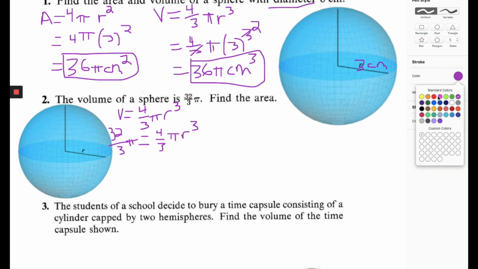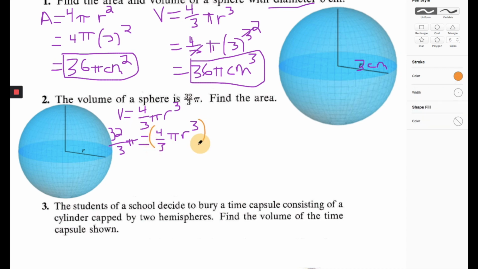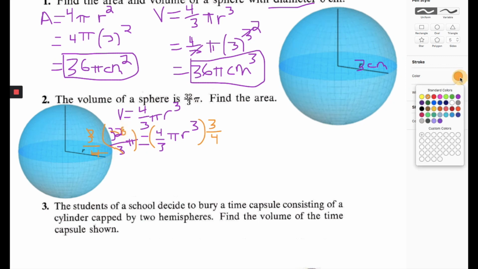All right, let's start simplifying to get what r is in this situation. I would start by multiplying by the reciprocal of the coefficient, so by multiplying both sides by 3 over 4. Lovely, 3 divided by 3 is 1, and then 32 over 4 is 8. So on the left side, I'm going to have 8 pi.